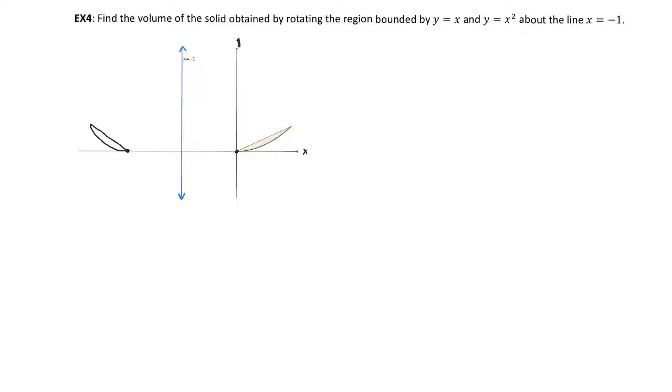Now, because we are rotating vertically about the line x equals -1, my washer will begin from a horizontal tiny segment. If you remember when we were rotating about the x-axis, you start with a tiny little segment that is perpendicular to the axis of rotation.